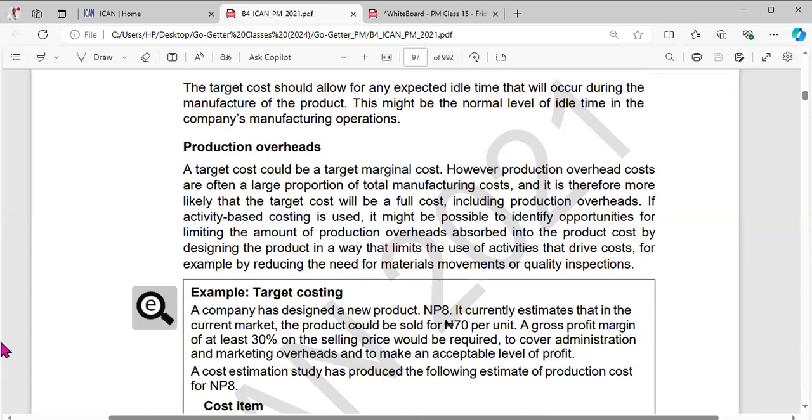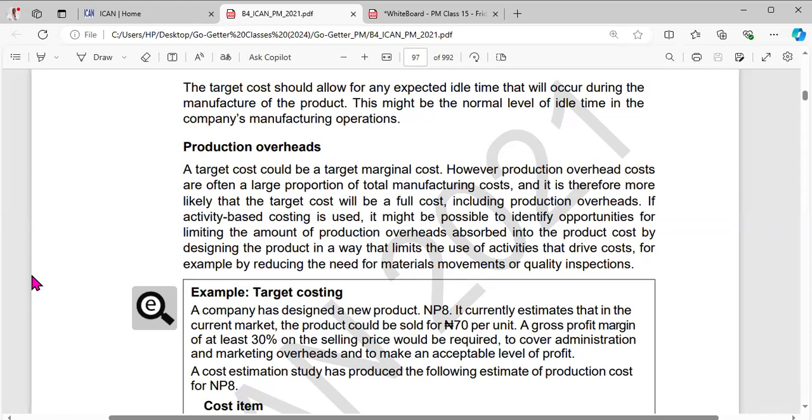Then production overheads. A target cost could be a target marginal cost. However, production overhead costs are often a large proportion of total manufacturing costs, and it is therefore more likely that the target cost will be a full cost, which will include production overhead.